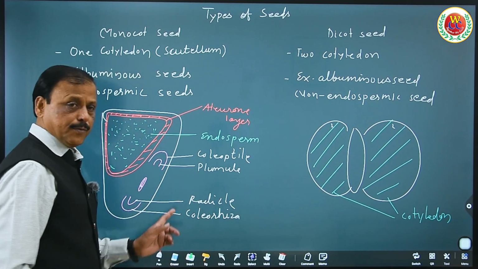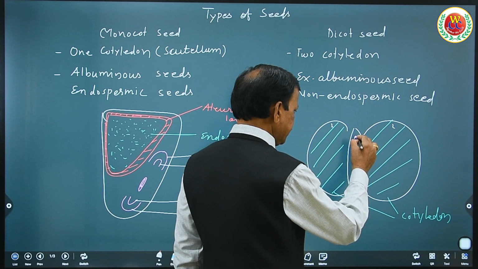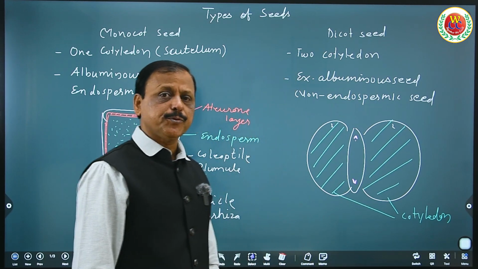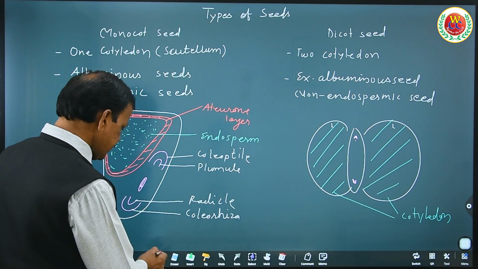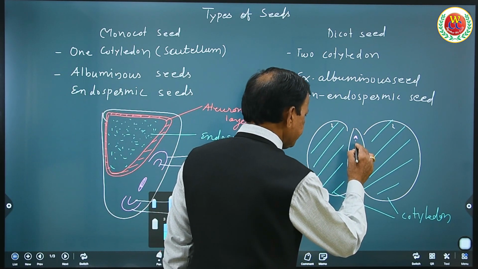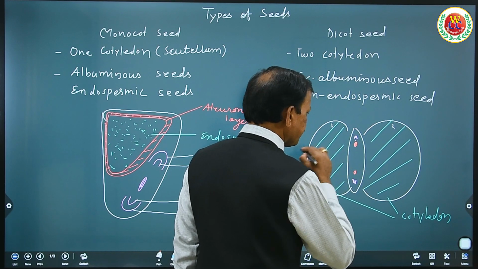But here in dicot, radicle and plumule are not covered by coleoptile and coleorhiza, but there is epicotyl and hypocotyl. This is the area epicotyl, this is the area hypocotyl.